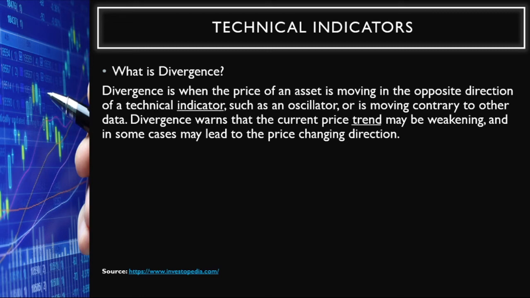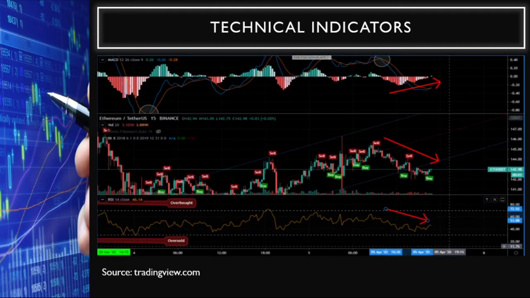And in some cases, may lead to price changing direction or yung tinatawag nating reversal. So this is how MACD plus RSI with price action looks like. Ayun. So if you will notice, in this graph, meron divergence between the price action and MACD.